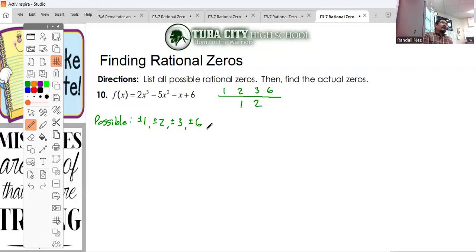The second bottom number would be 2. So we have to think of all the numbers over 2. Again, we don't want any duplicates. 1 over 2. We don't have that, not on the list, so let's add it on. 2 over 2. We got one of those. It's just the same thing as 1, so I don't need one of those.